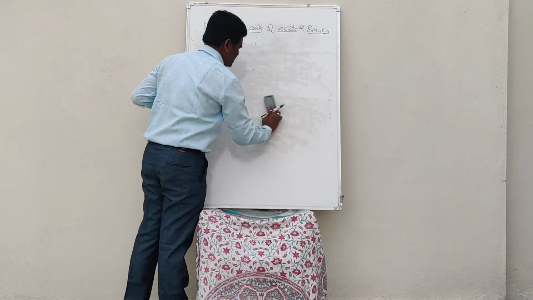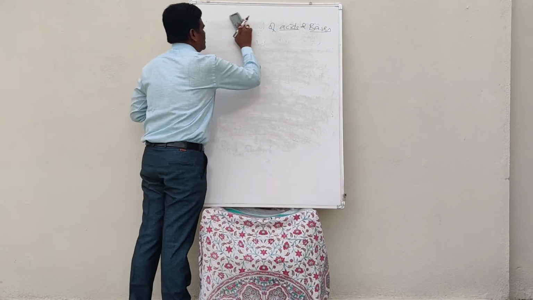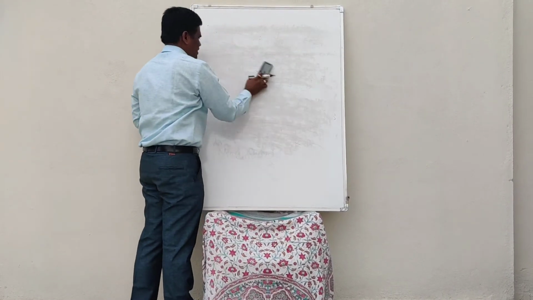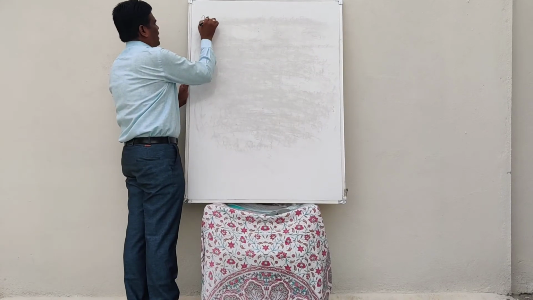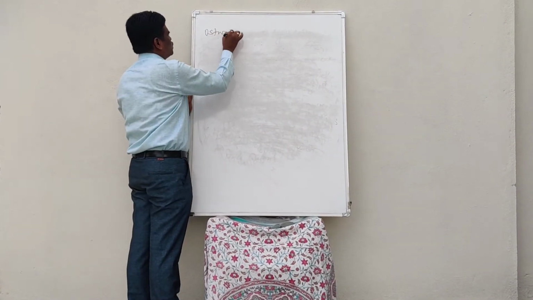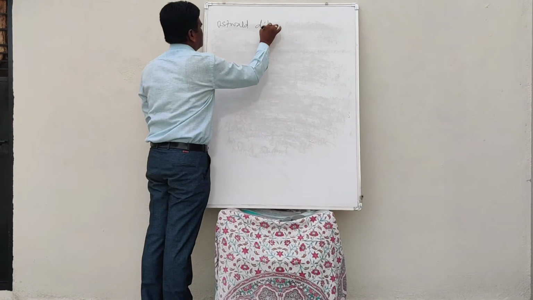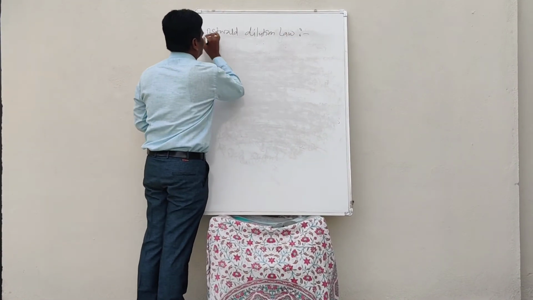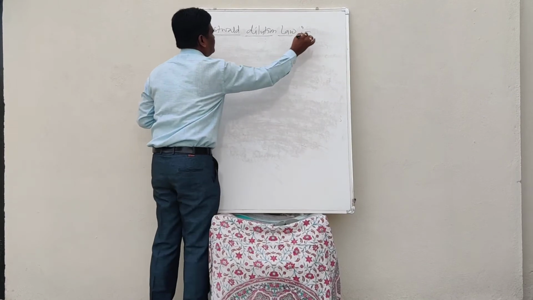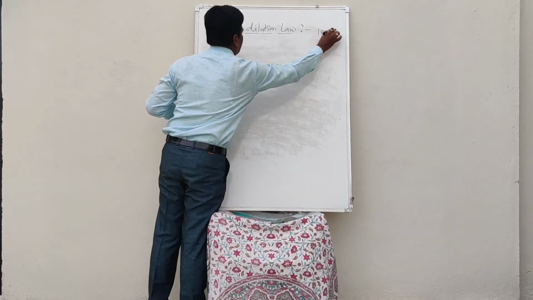Once you know the dissociation constant, you have to study one important law given by the scientist Ostwald, called Ostwald dilution law, in the year 1888.